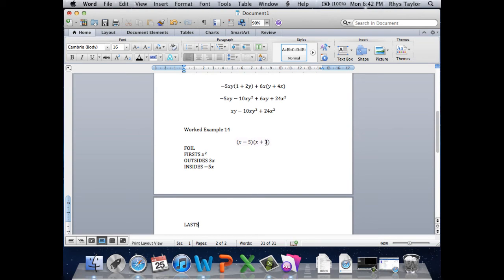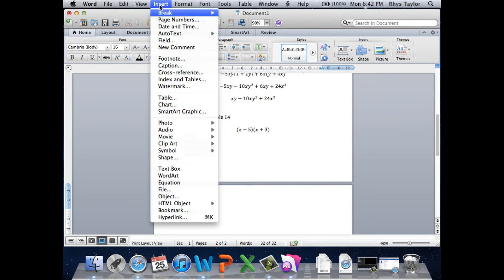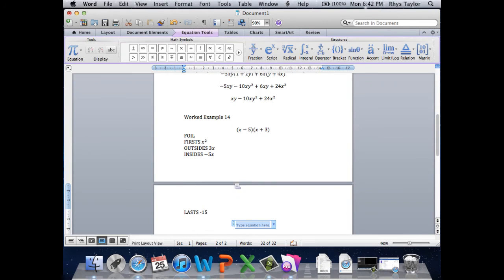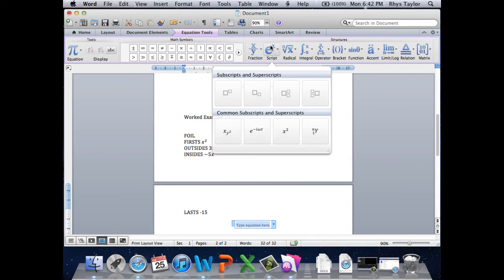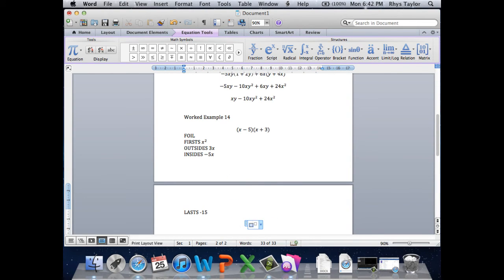Negative 5 times 3 is negative 15. So all together, that comes to x squared plus 3x take 5x take 15. Yeah, that's my individual parts.